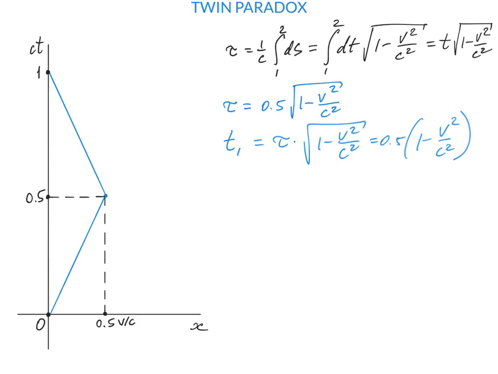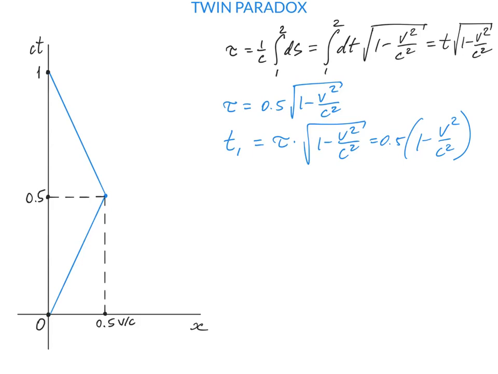So what's wrong with this picture? Well, essentially at the turning point here, this is where the problem must be, because this is the only point in this figure where Alice's reference frame is non-inertial. So essentially what Alice is doing is changing a reference frame. She's jumping from one frame to another.